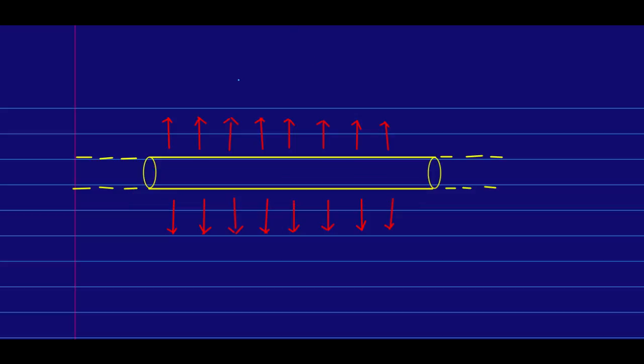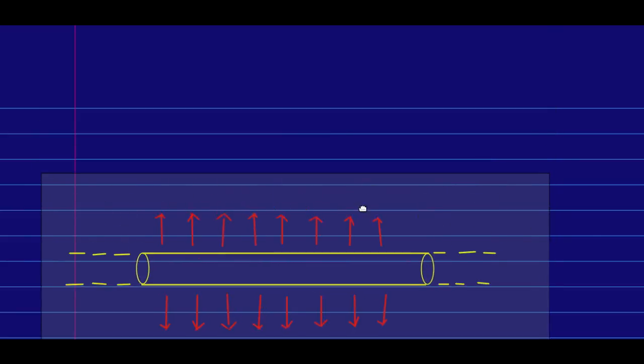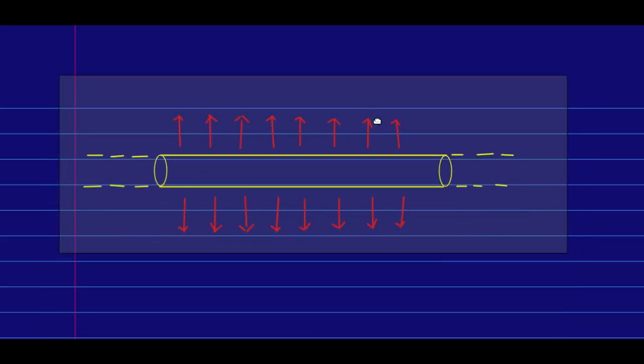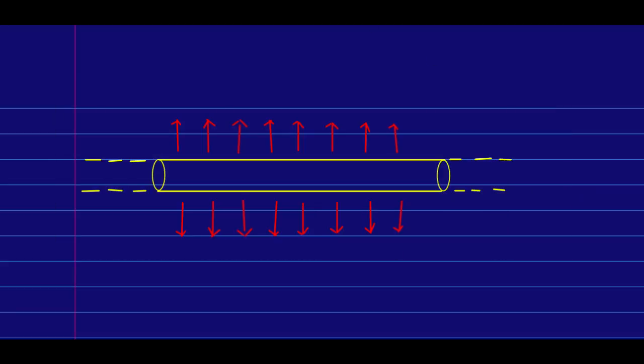Finally, let's see a symmetry that the system doesn't have, and what that tells us about the field. We know that the cylinder is not symmetric under translations perpendicular to its length. And so we don't expect the field to be symmetric under that. What that tells us is that as we go farther away from the cylinder, say in the upward direction on the page here, we expect the field will probably change.